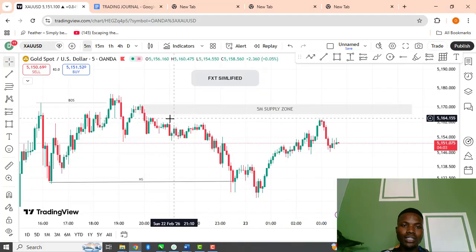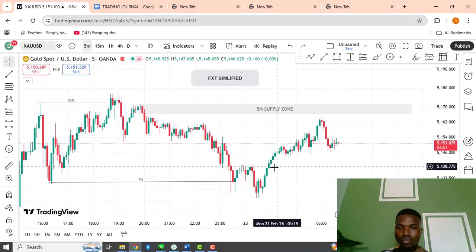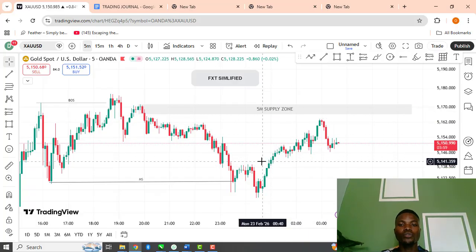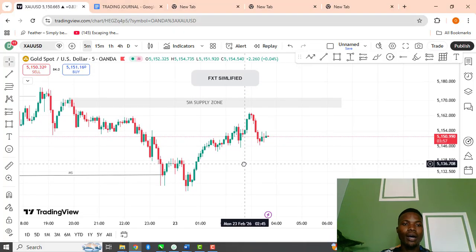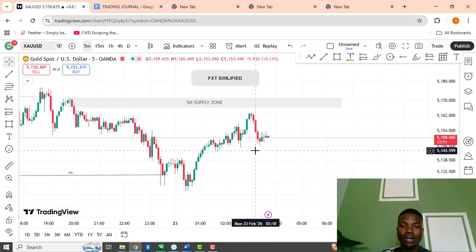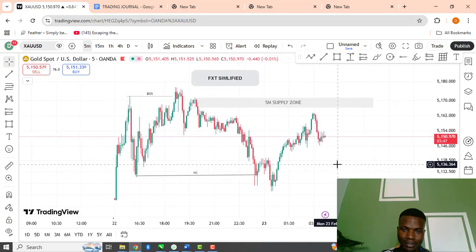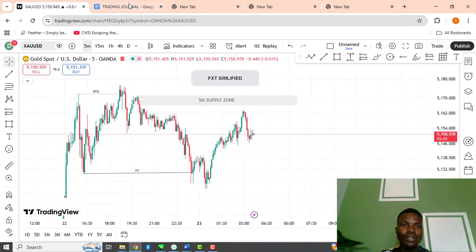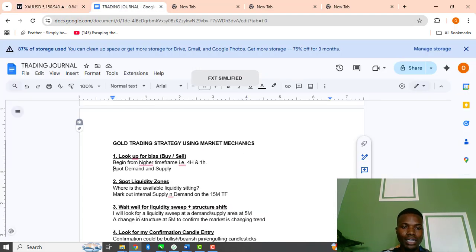So this is the level at which we are looking out to target. This is 5 minutes, and this is where we are going to look out for our sell opportunity. We know that we said we want to wait for a liquidity sweep.